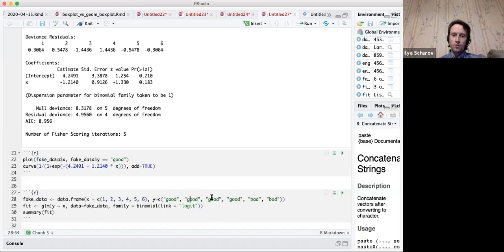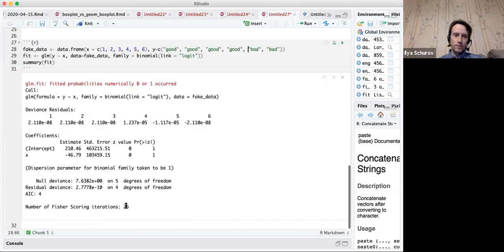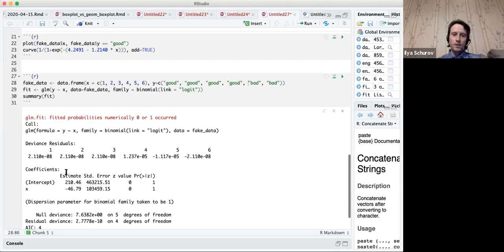I have good, good, good, good here, and bad, bad here. Let us try to do it. We see this warning, and we see some very large numbers here. Actually, it means that you don't have any reliable results that we can get here.